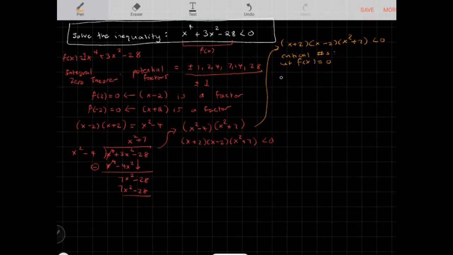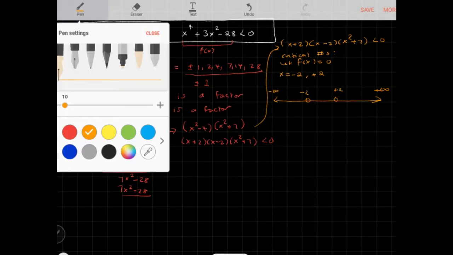If you do that, you can see that x can be equal to negative 2 or positive 2. Using these values, I'm going to plot them on a number line. The reason we plot this on a number line is because critical numbers can be used to determine the intervals that we're going to be looking at. So this is negative infinity, this is positive infinity, this is negative 2, this is positive 2.